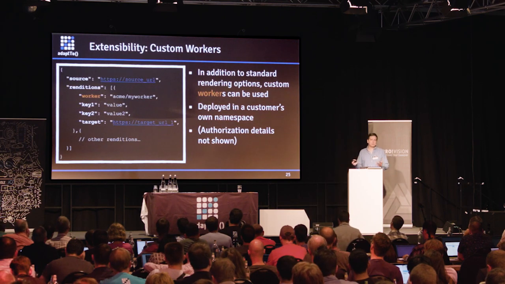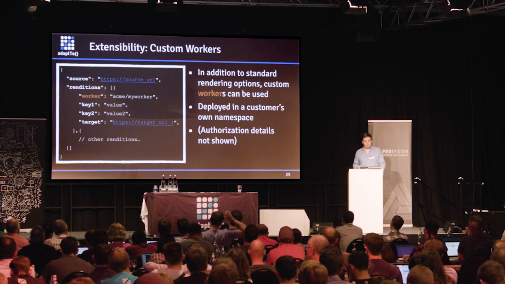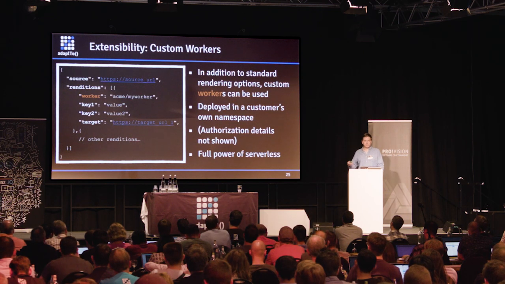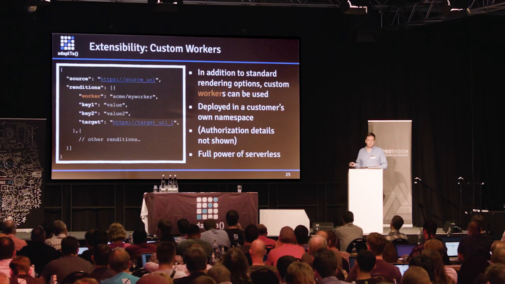Namespace is the account concept. So there might be your or the customer's namespace, and you reference the action in that namespace so that the service can invoke that. There will be authorization needed there as well, but it's not shown here. It's the full power of serverless, because to the service itself, whether it's a standard worker or a custom worker doesn't really make a difference.